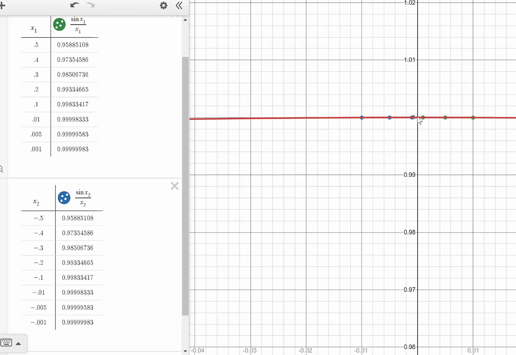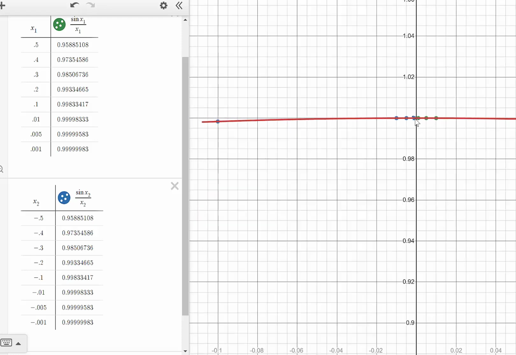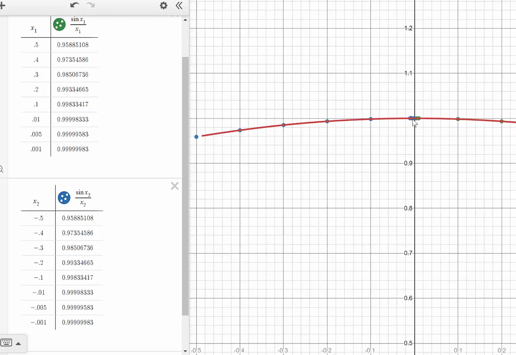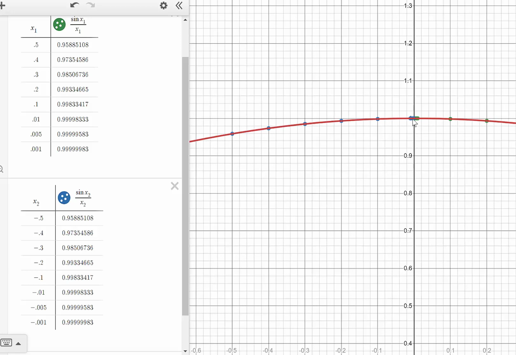And by the way, graphing calculators and programs like Desmos, or the TI-89 or 84, are not going to show the hole there, because it's infinitely small. But we see the trend line, and we as mathematicians understand that it doesn't exist there, but it gets infinitely close.